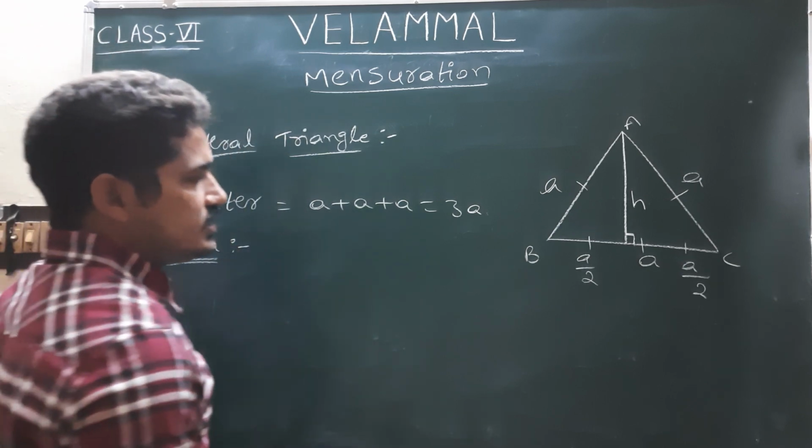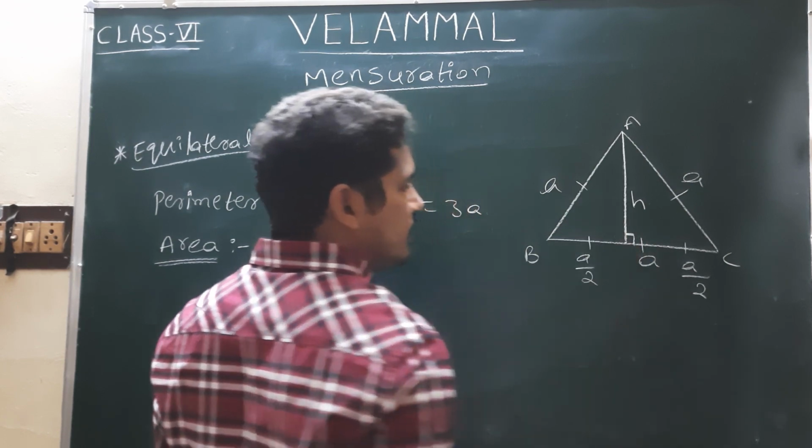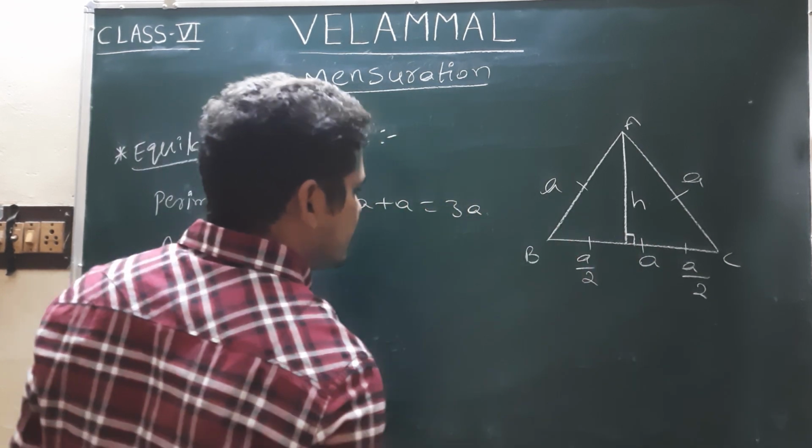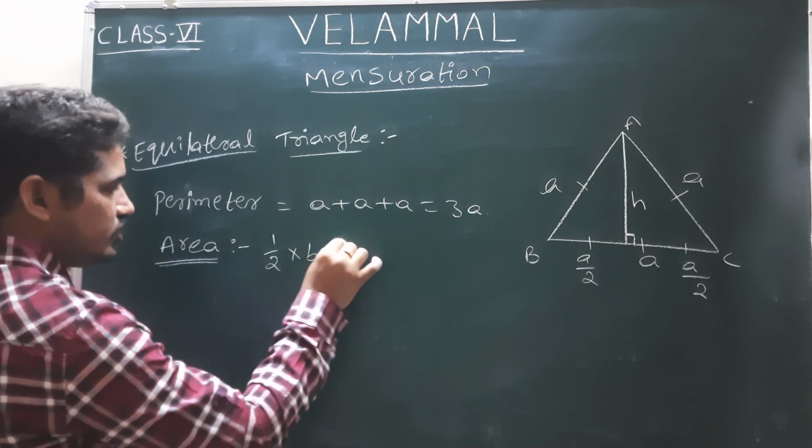Next, if we observe, it is a right angle triangle. Now we can say area is equal to half into base into height.